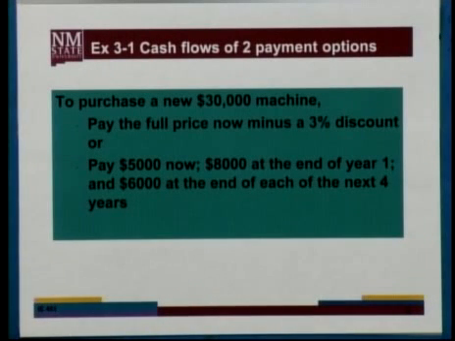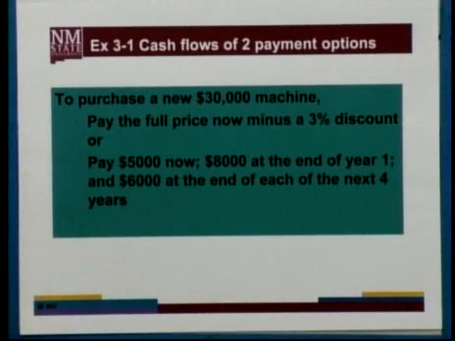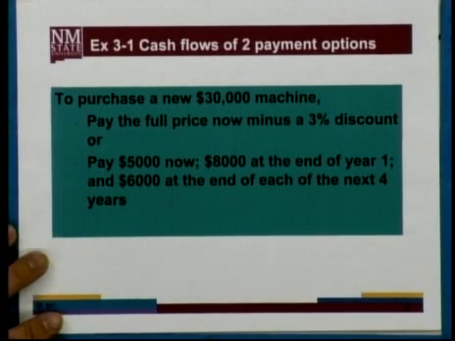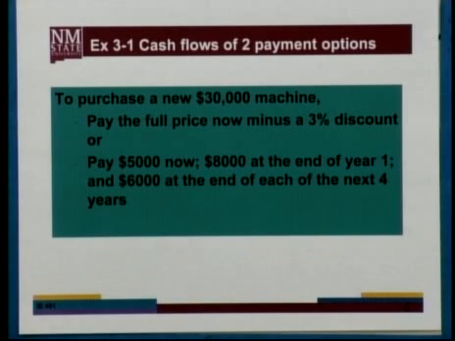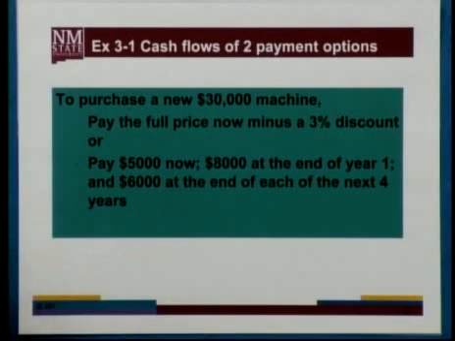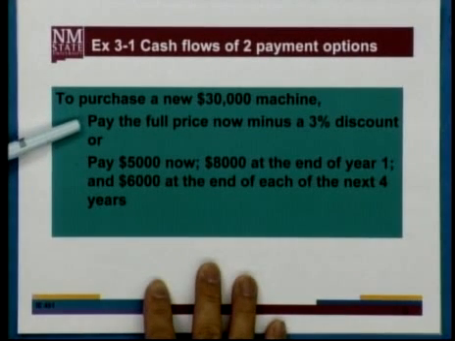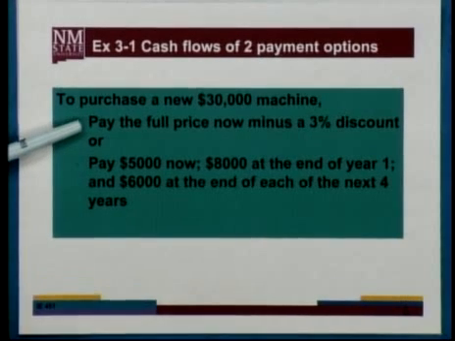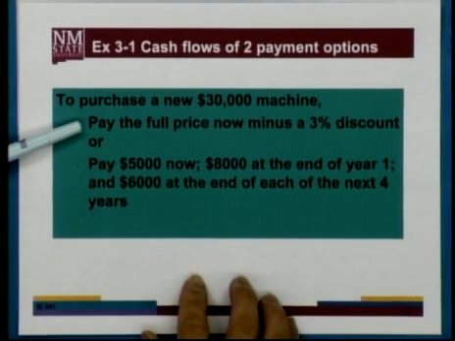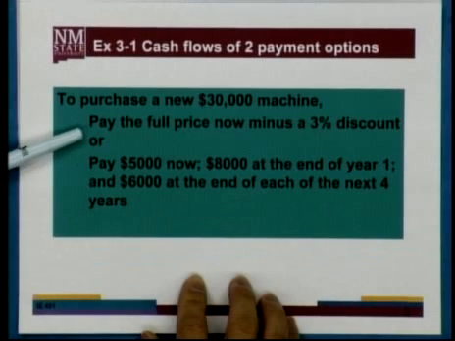Okay, so first, let's consider our textbook example 3-1. Let's suppose you've purchased a new $30,000 machine, and you have two choices for your payment option. This is the first choice. You're going to pay the full price right now. In such case, you will have a 3% discount.